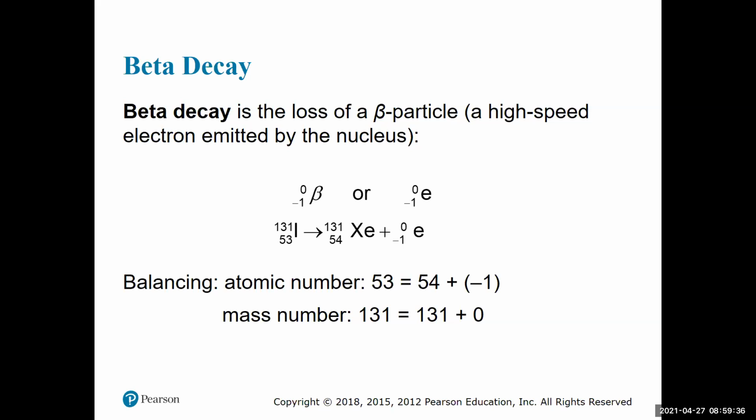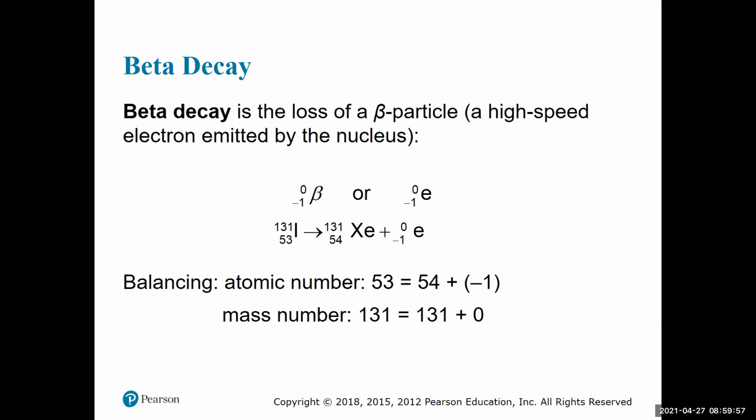So if we've got a -1 on the right-hand side emitting, it means that we're going to pick up 1 on whatever this new element is, okay? So in this case, it's 54. So we look up what element is 54 in our periodic table, and we'd see it's xenon.